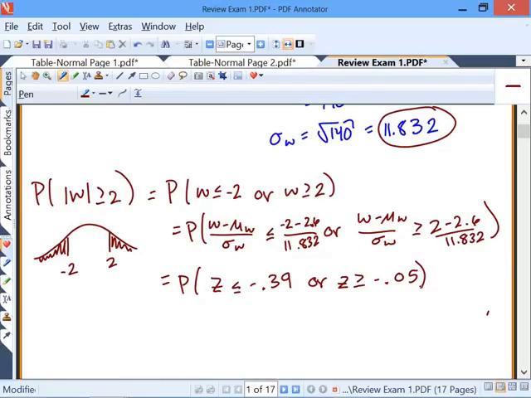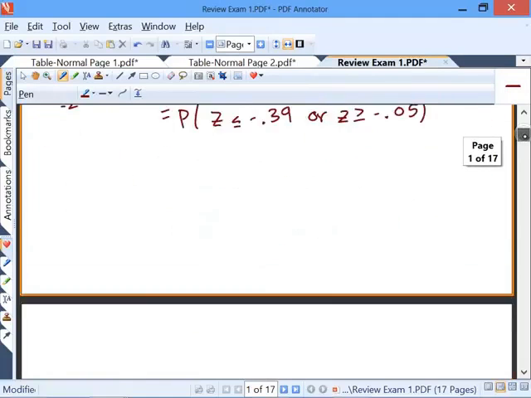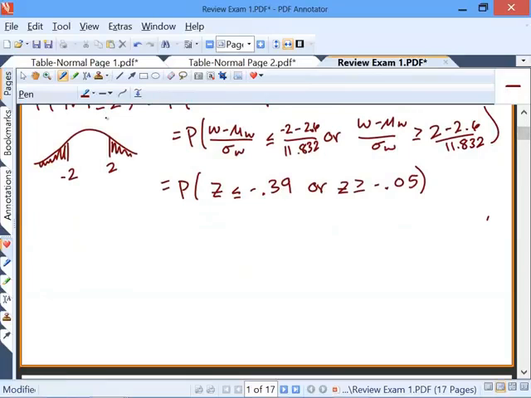Now, have you guys found anything wrong in my work so far? If I was to draw a new graph with my actual Z values, I want less than or equal to negative 0.39, or greater than or equal to negative 0.05.